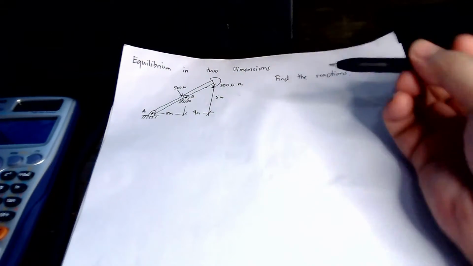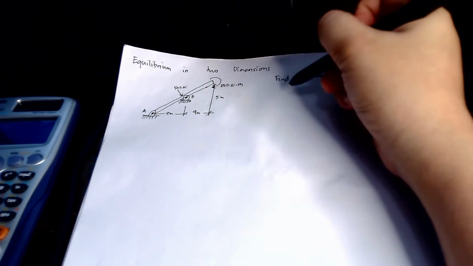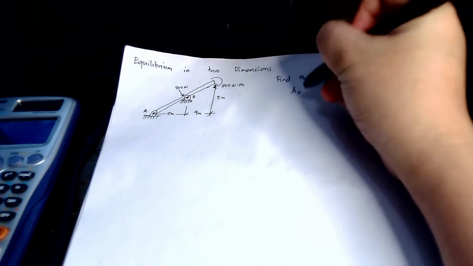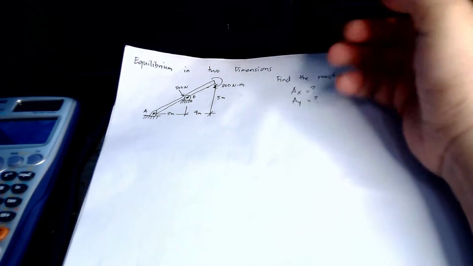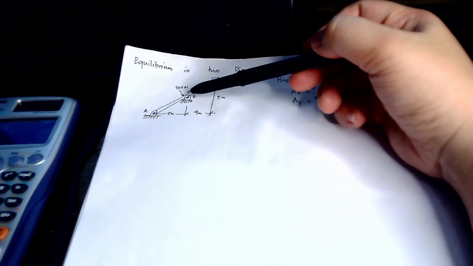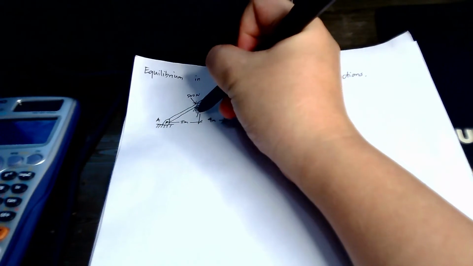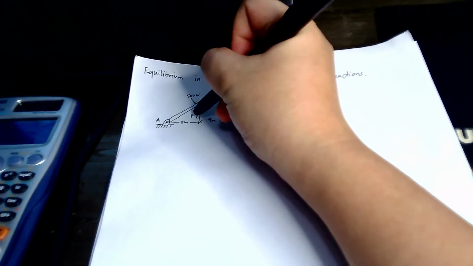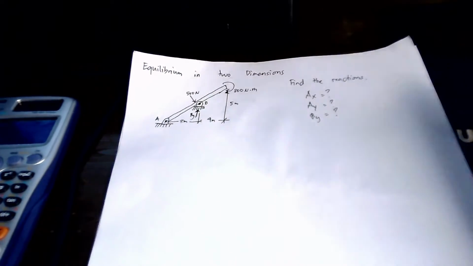So, before anything else, let's find the unknowns. These unknowns are the reactions. Since it is pin supported, AX is unknown and AY is unknown. And since B is a roller, BY is also unknown.